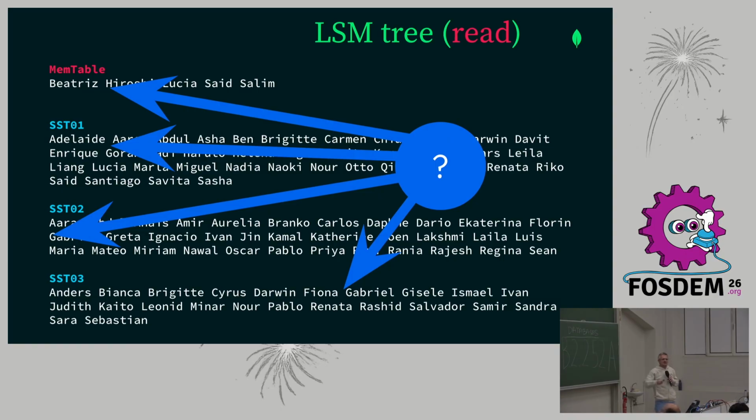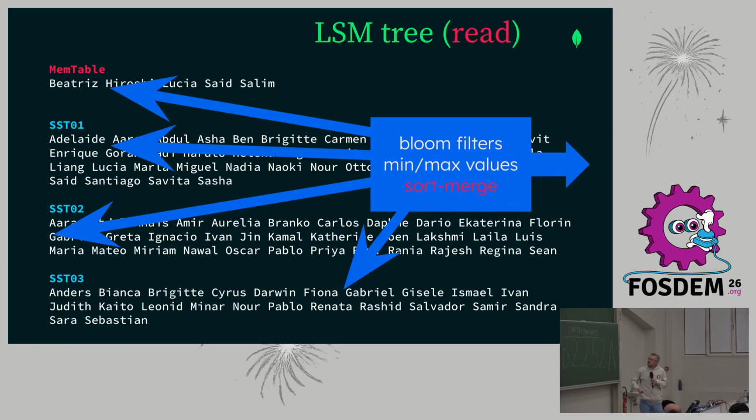But again, this can be optimized. For example, in RocksDB and in many LSM-Trees, you have Bloom filters that can just tell you, oh, this value, no need to look at this file, it's not in this file. There are also, for example, in RocksDB, at least in YugabyteDB, improvements on RocksDB, the minimum value and maximum value of each column is stored so that maybe you can just keep some files, so everything can be faster.